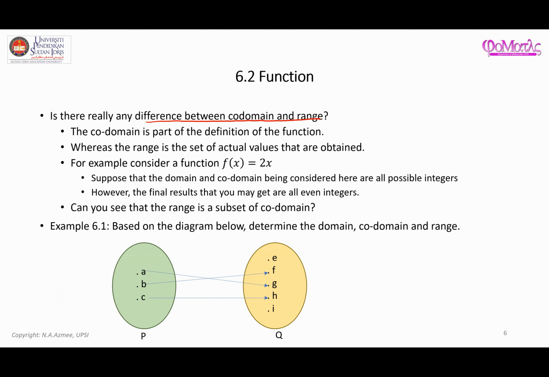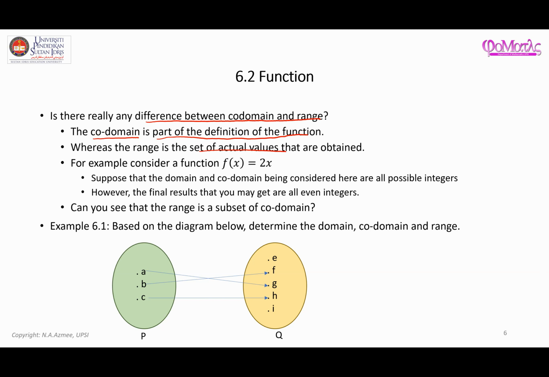In some of the questions given, codomain is made to be part of the definition of the function, whereas the range is the set of actual values that are obtained.